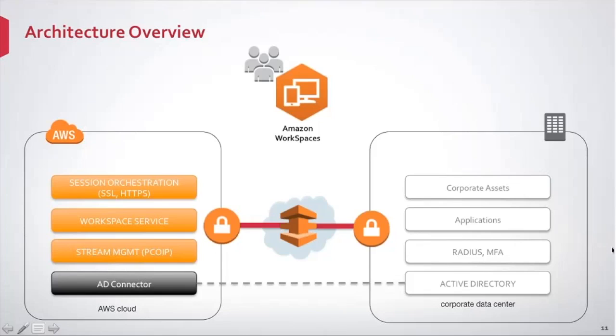And then the customer responsibility here is really managing that Active Directory and possibly RADIUS for multi-factor authentication, which is also a best practice that we recommend. In your data center, if you're hosting applications or have access to other corporate assets, web apps, files, etc., that all can be managed through the user experience and connected over a secure architecture.